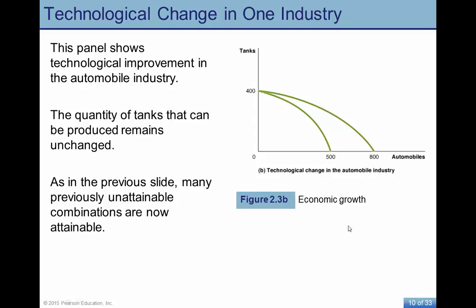As in the previous slide, many previously unattainable combinations are now attainable. And you can see the slope of the PPF changes.